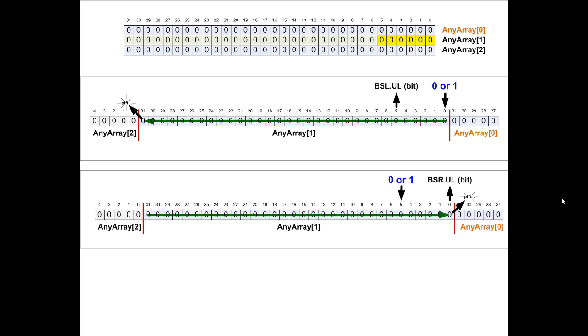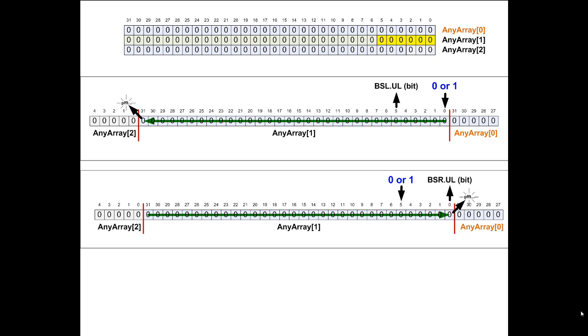But as far as pure behavior goes, any values that are in 31 down to 6 will continually shift with each bit shift right instruction execution, but bit 5 will always be overwritten with whatever the value is in the source bit. Let's say, now in this example, we're using a length that's less than 32 bits.